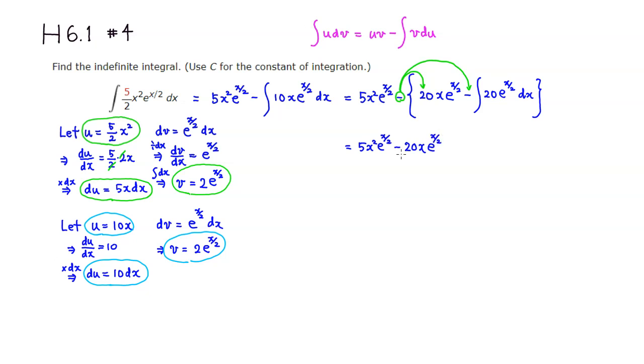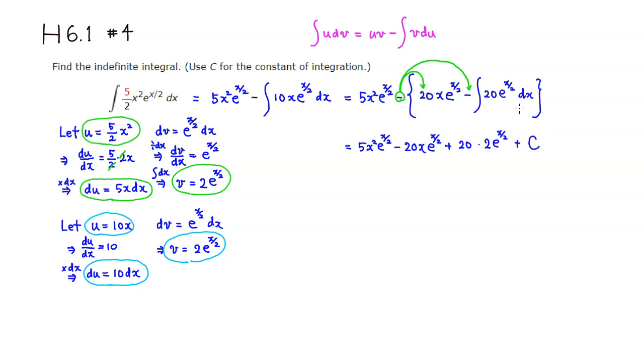You have a double negative, so this is going to be a plus sign. You have 20, it's just a constant, so I just put that there. The antiderivative of e to the x over 2 is e to the x over 2 divided by 1/2, which is the same thing as multiplying by 2. Then you have plus some constant c.